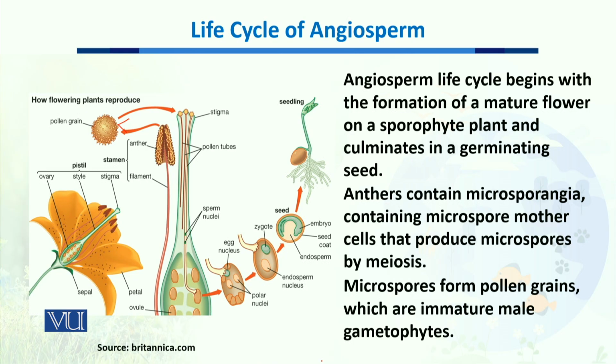The angiosperm life cycle begins with the formation of a mature flower on the sporophyte plant, which culminates in a germinating seed. Now, how does the process start? Anthers contain microsporangia, and those microsporangia contain microspore mother cells which produce microspores as a result of meiosis. You can see here the male structure with a lot of microsporangia containing microspore mother cells.